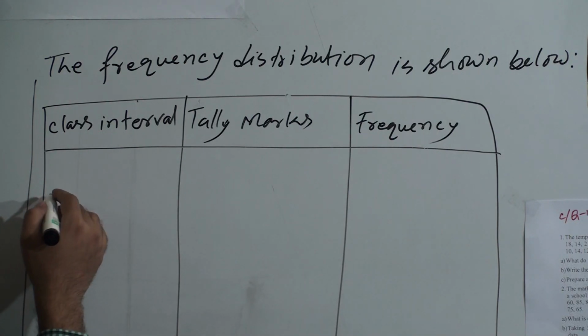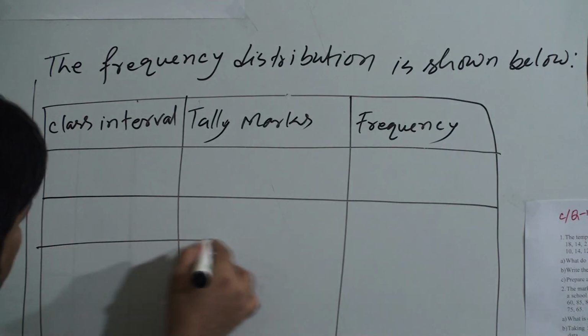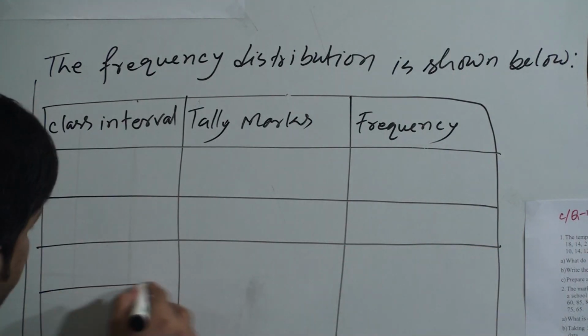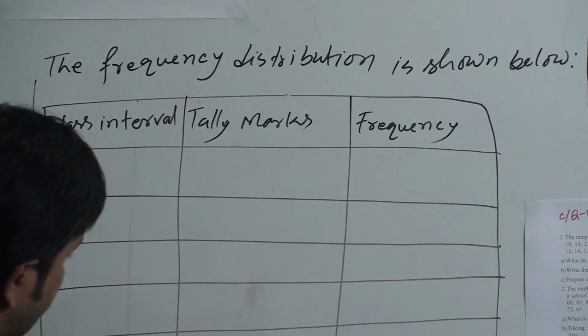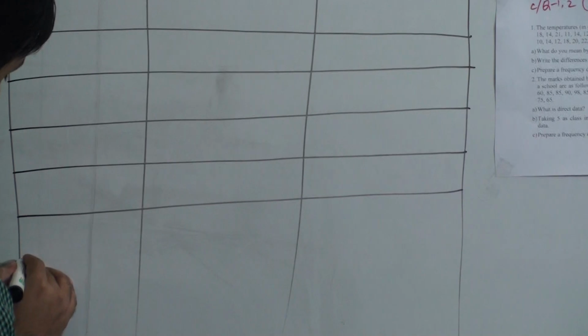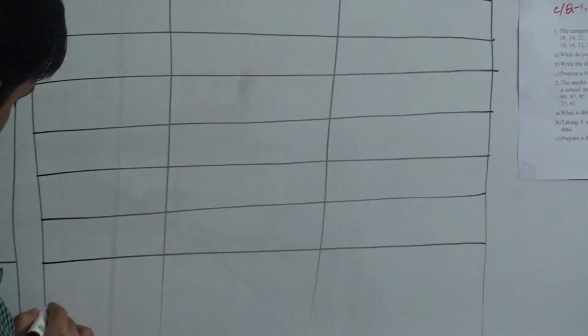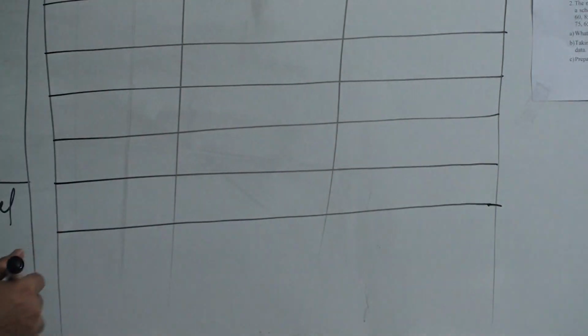So we can take 8 classes now: 1, 2, 3, 4, 5, 6, 7 and 8. These 8 classes we can consider here.